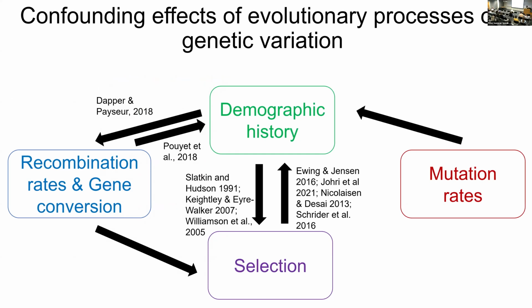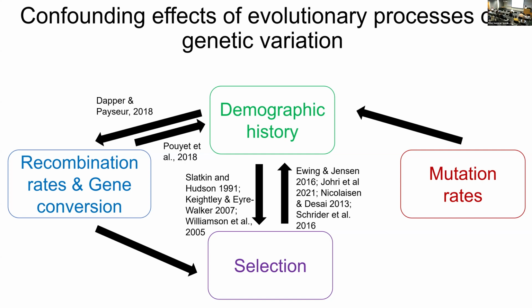So for instance, this is something that has been a problem for a while now, where we know that we need to know the population history of a species. Sorry, let's start here, right? We need to know the mutation rates in a species to really know the population sizes in those populations. And we know that we need to account for the demographic histories to be able to infer selection. We now also know that we need to account for selection to be able to infer demographic history.